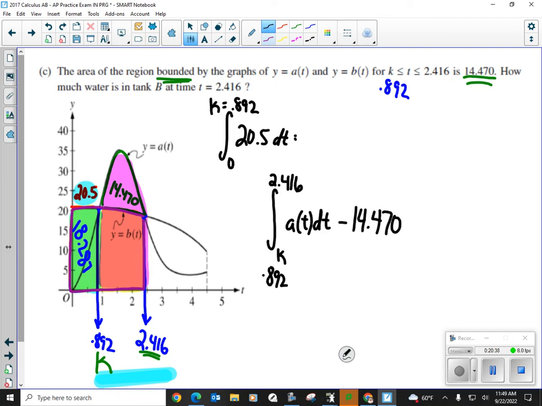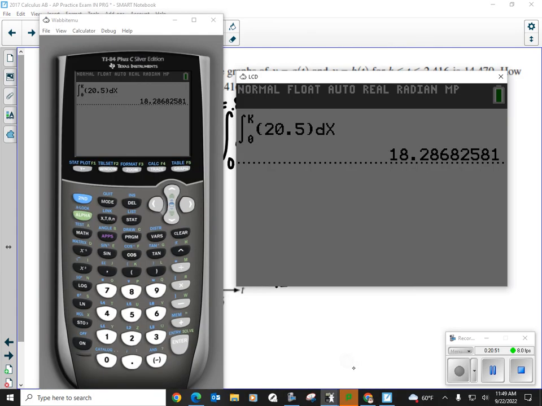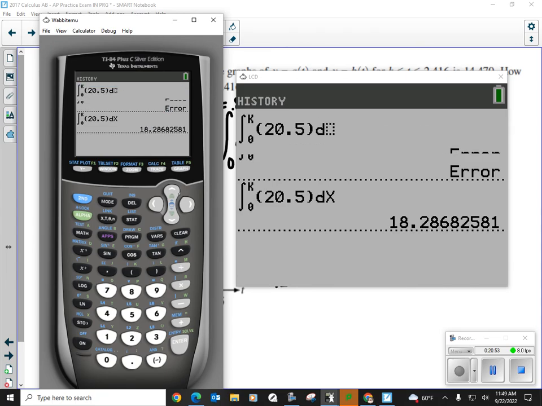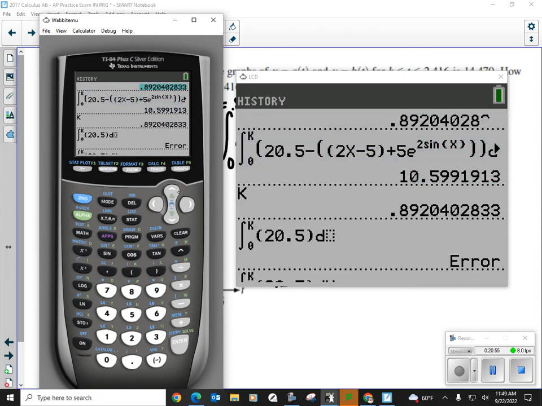That should give me just what's on the board in red, or yellow. So let's do this. Do I have a thing up here that has that big, long monstrosity written in it? I do. I can delete that. Would it be easier? Nah, I think I'm just going to retype it.